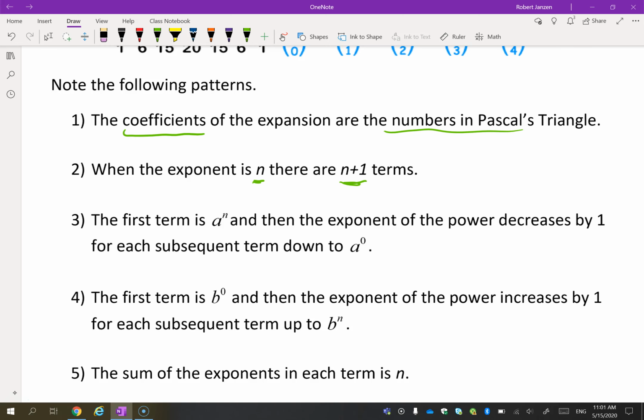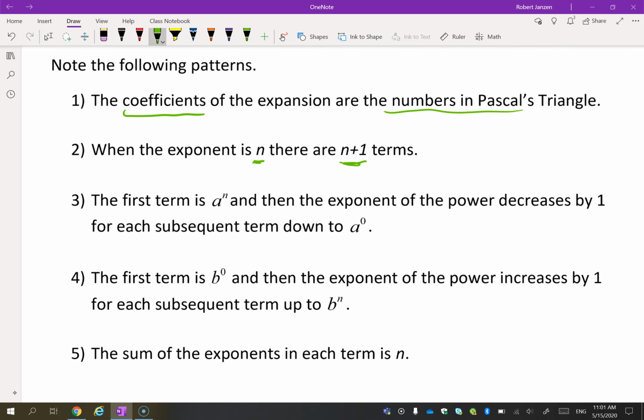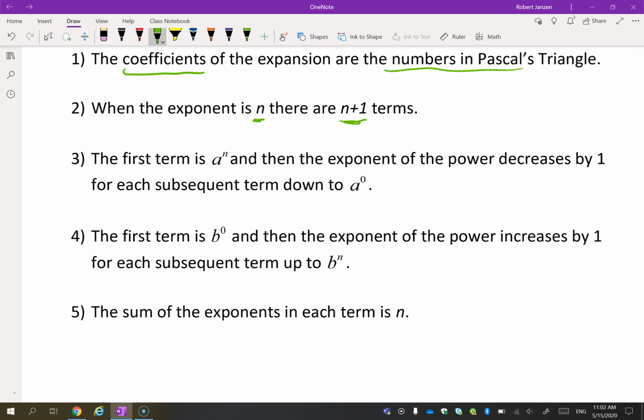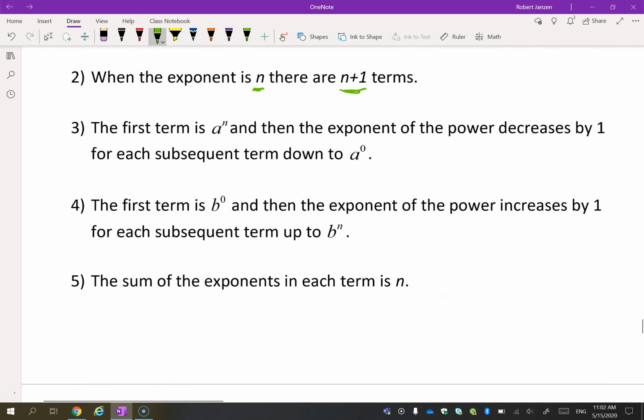The first term is a to the n, and then the exponent of a decreases by 1, down to a to the power 0. The opposite with b, it would start at 0 and go all the way up to n. And the sum of the exponents is n. So that's kind of the rules.